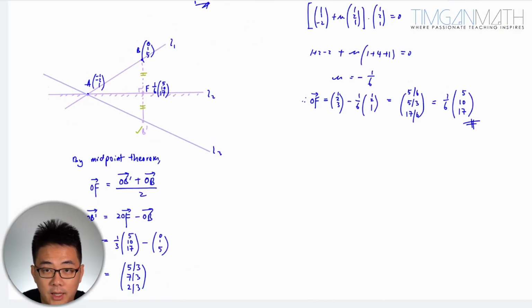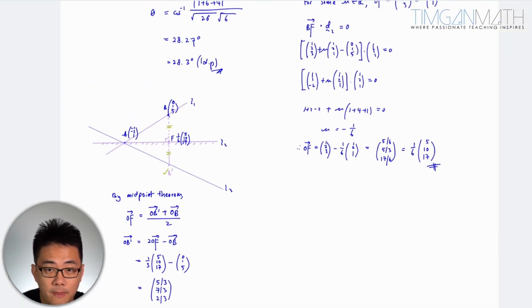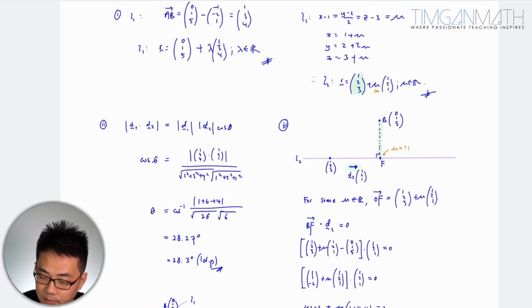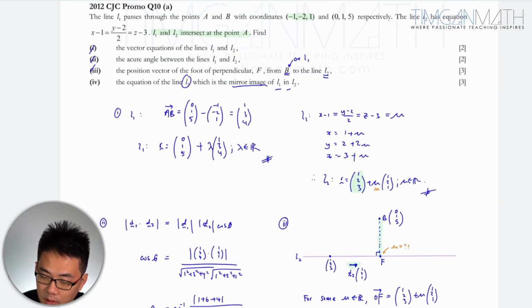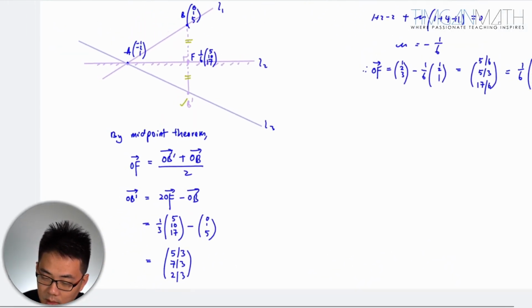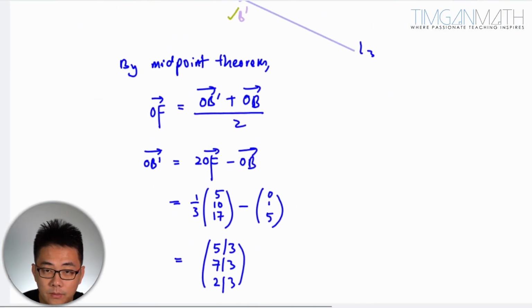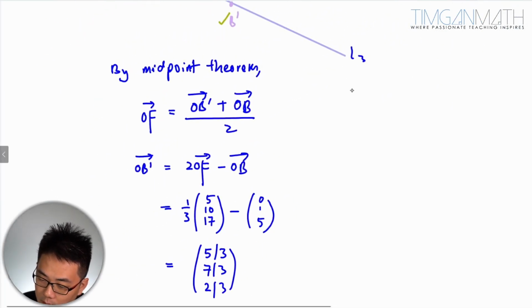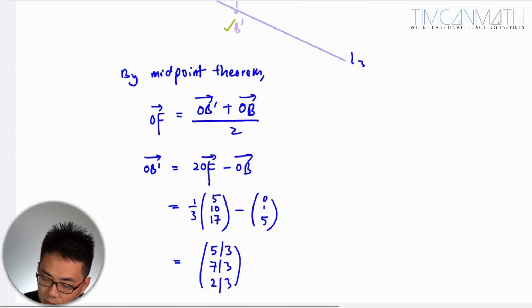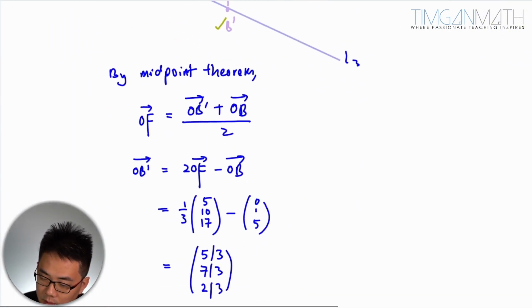I can actually find a line L3 already. I'll just find line L3 by using 2 points. So for line L3, we need to find the direction AB prime first.